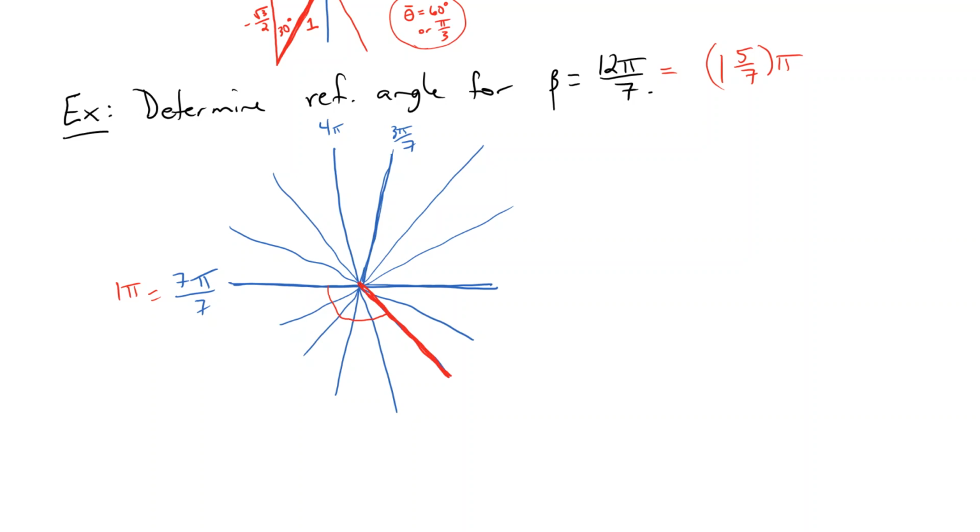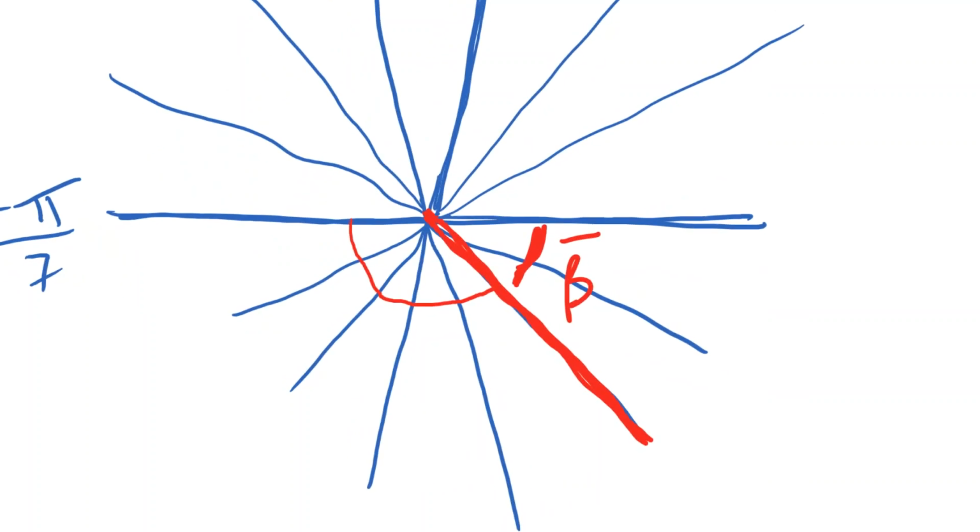Now these are not 30, 60, or 45 angles, so I can't draw one of my reference triangles that I'm used to, but all I want here is the reference angle. So in other words, what's the angle from the terminal side to the x-axis? This is beta bar, right? I would always choose the shortest path to the x-axis, not the longer path that we have over here. Now what is beta bar?